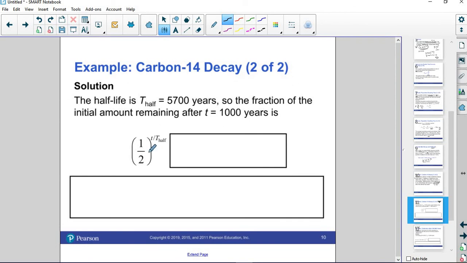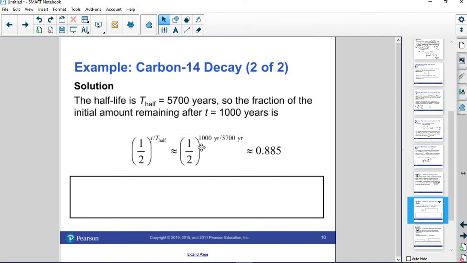What we do is we do this 1/2 to the little t over big T. What does that look like? It looks like 1,000 divided by 5,700. So if you type that in your calculator, 1/2 in parentheses and then raised to this power, and again, depending on your calculator, you'll need parentheses here too, and you get 0.885.